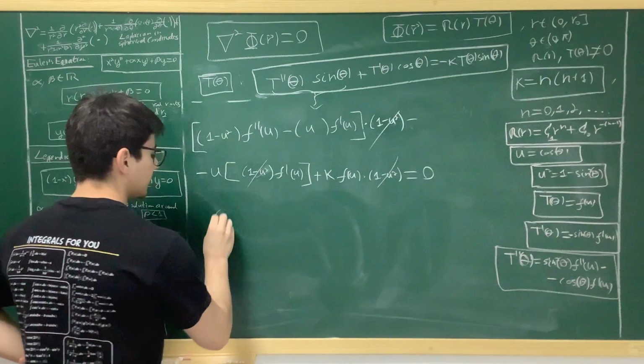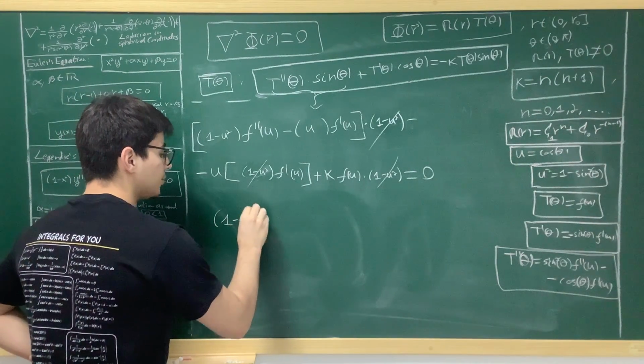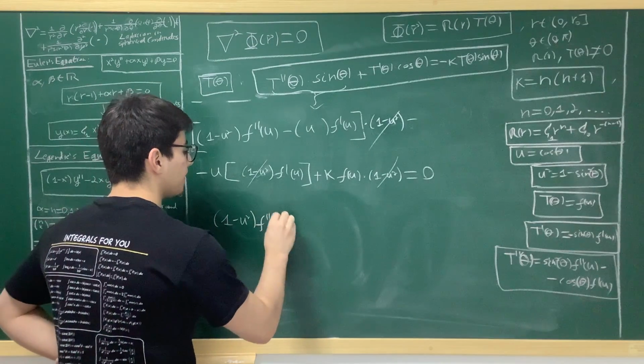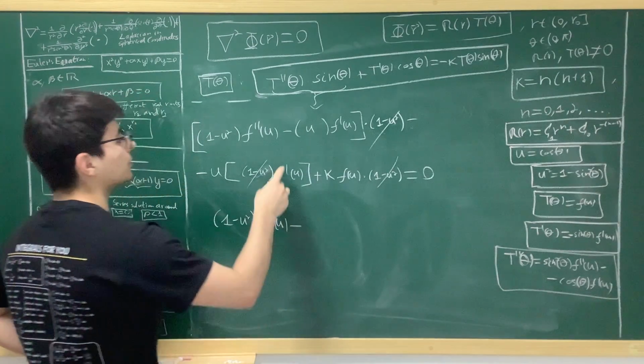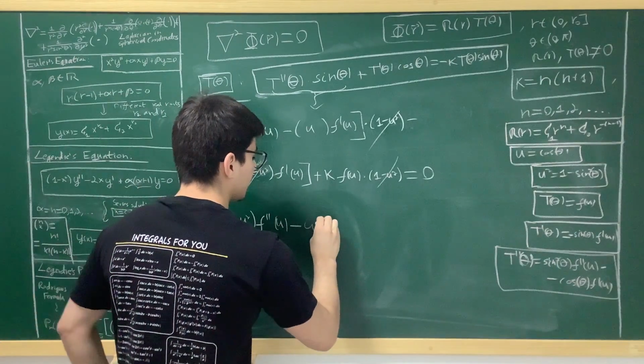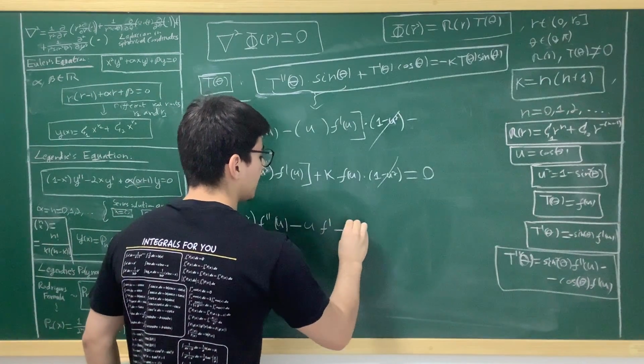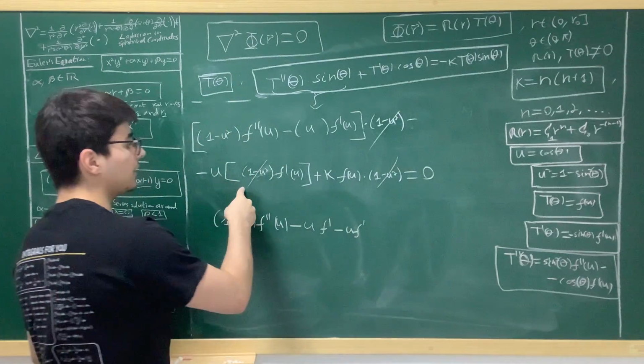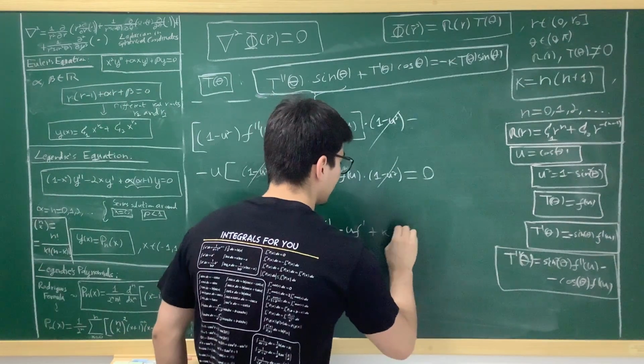Well, we have the following equation: 1 minus u squared f double prime of u minus u squared, and well, yes, minus u f prime, minus u f prime again here, plus kf.